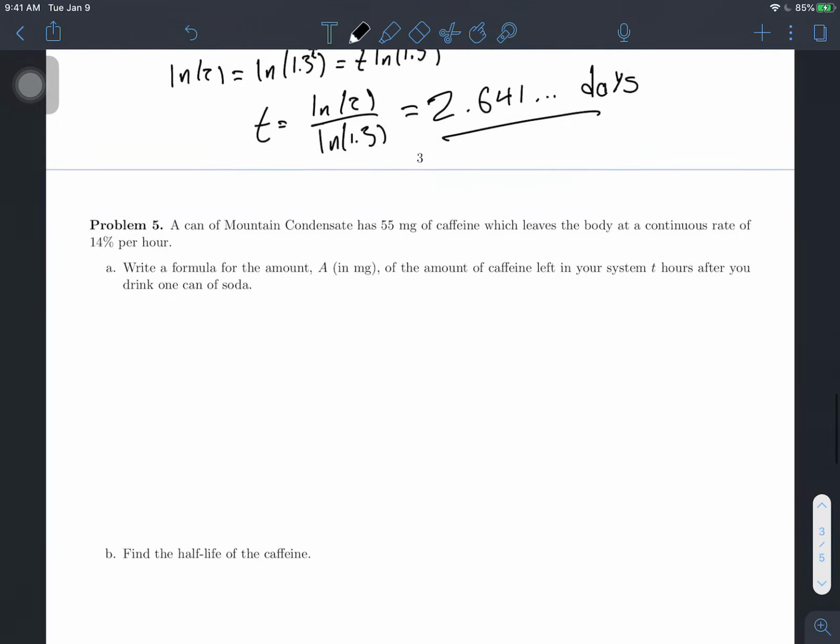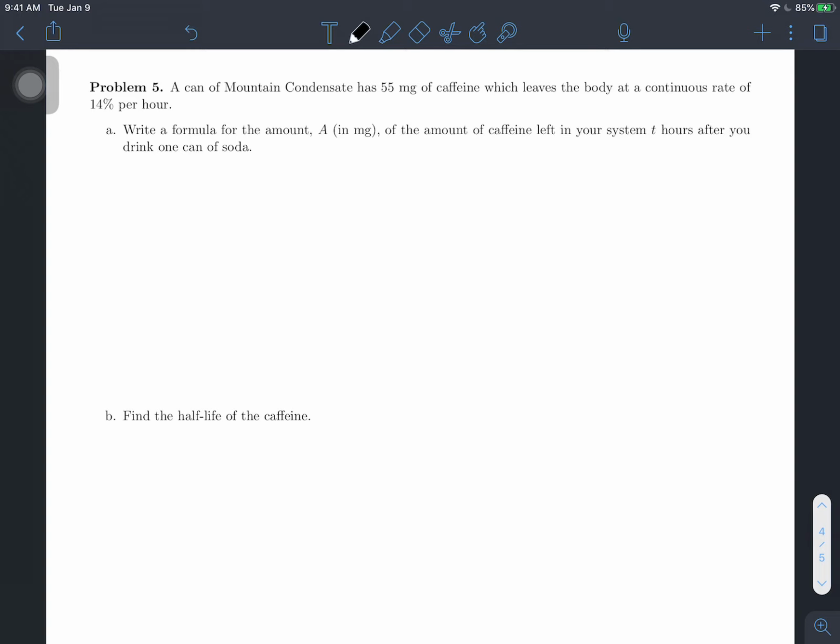A can of Mountain Dew has 55 milligrams of caffeine, which leaves the body at a continuous rate of 14% per hour. Keyword here being continuous. So this tells me K is equal to negative 0.14. Why negative? Because it is leaving the body.